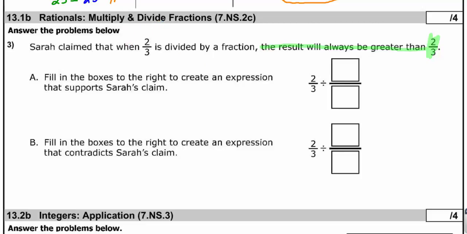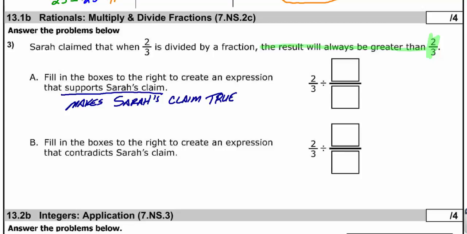You're asked to do 2 things in this problem. You're asked to create an expression that supports Sarah's claim. That means makes Sarah's claim true. So you're going to find an expression that makes her claim true.